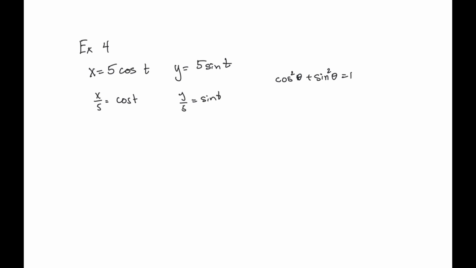I do it this way because in the circle equation, it's always x, y in that particular order, so we'll set it up like that. So we do x over 5 squared plus y over 5 squared equals 1. And so we'll end up with x squared over 25 plus y squared over 25 equals 1.